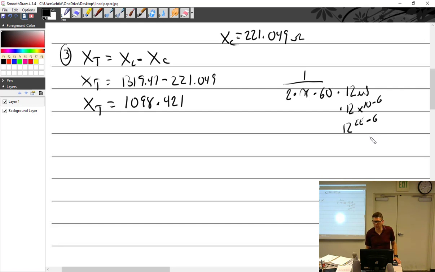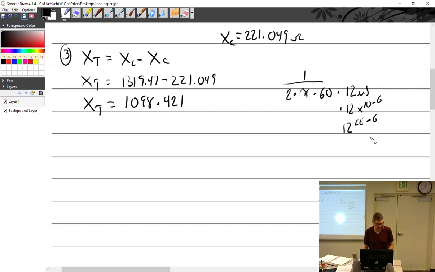Remember how to do that? So it's 2 times the pi key times 60 times 12 second function EE, the negative, not minus, 6 equals.